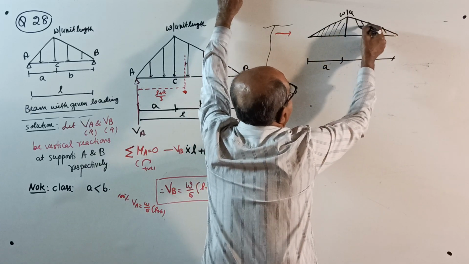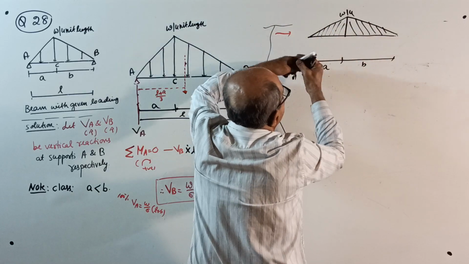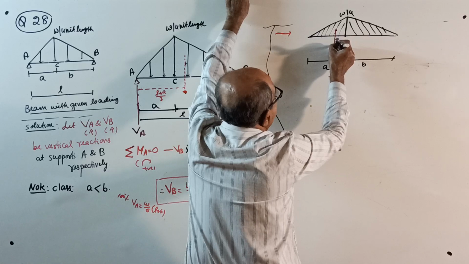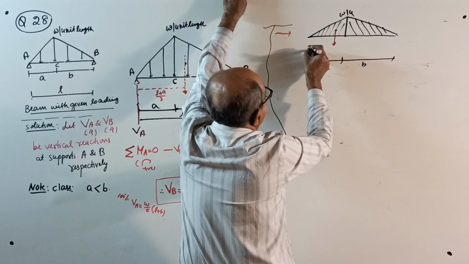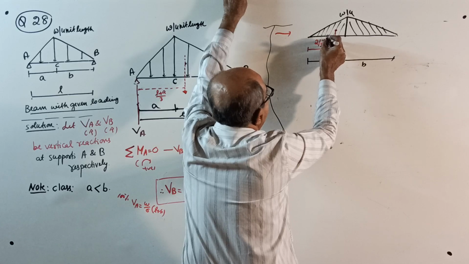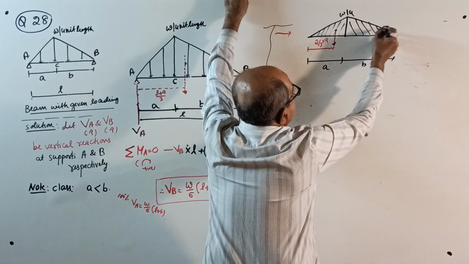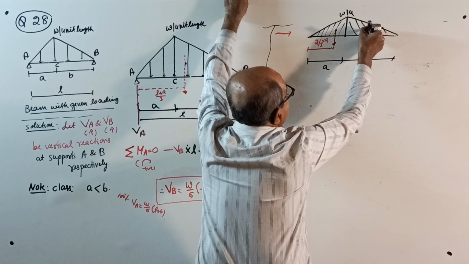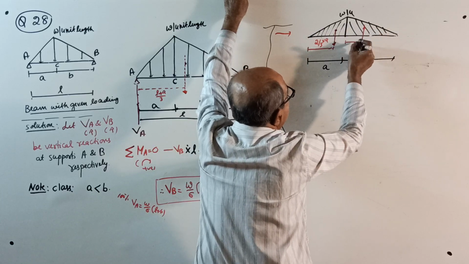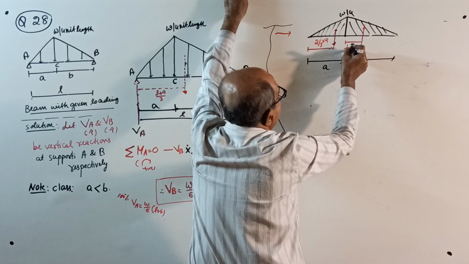Take the two triangles separately. For this triangle, the centroid will be here, total load is acting here. Remember, from here, this will be 2 by 3 of A, because it is a right angle triangle. For this triangle, the centroid will be here. The distance from here will be 1 by 3 of B.